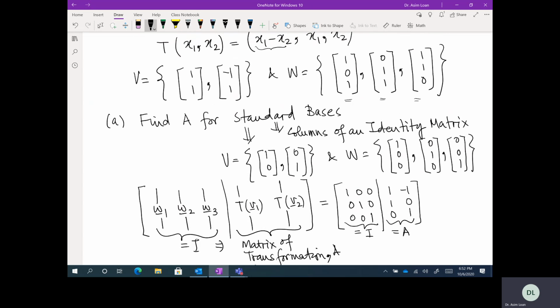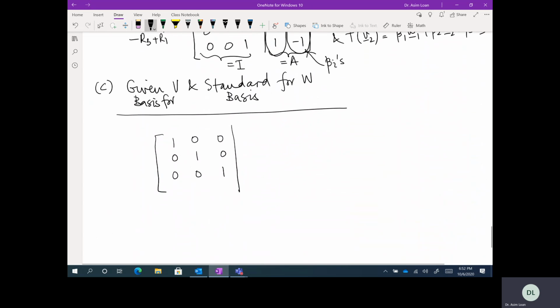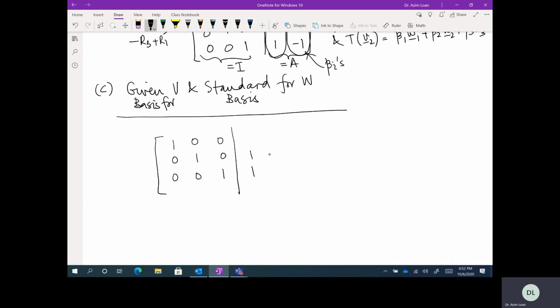So it's 1 1 and minus 1 minus 1, 1 1 minus 1 1. This is 1 1 minus 1 1, and this one is the difference of these two, so this is 0 and this is minus 2. Since this is identity, this is the required A.